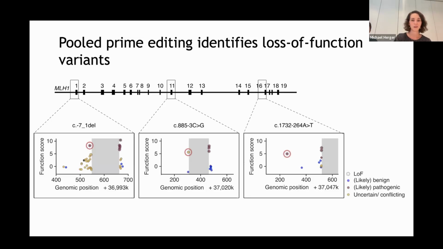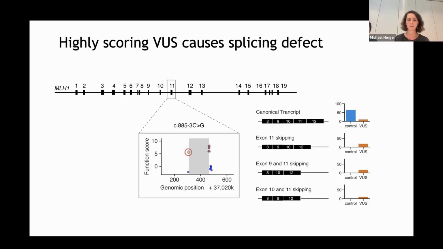However, considering the current stage of the technology, it's important to us to point out that these hits should be thoroughly validated before our data is used clinically. And for this particular variant, we have done this by introducing it individually into cells and quantifying splicing outcomes from RNA. And this experiment validated this hit.